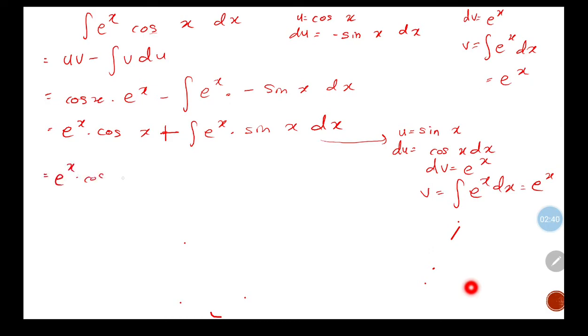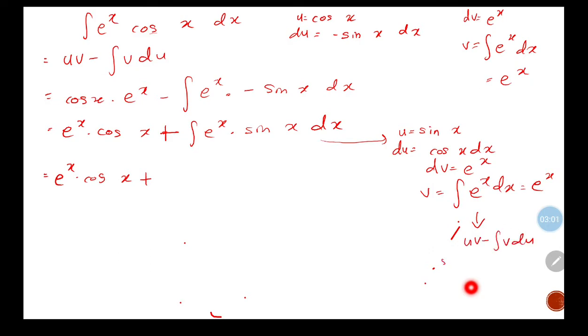Okay, put it back into this equation. e^x cos x plus, okay, I think I'm going to do it here so it will not be too heavy or complicated at this side here. So uv minus the integral of v du.